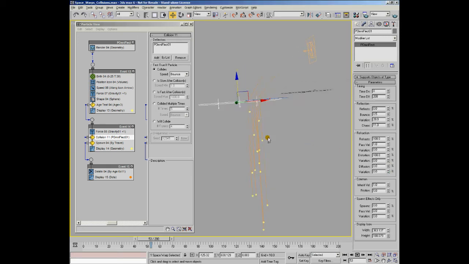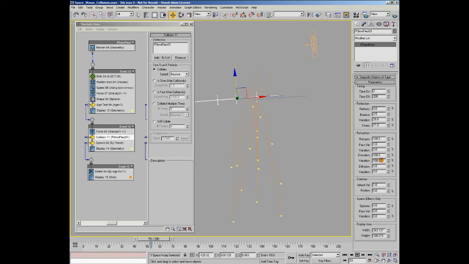So we'll get rid of some of the diffusion for a second, and you can see we've got a distortion of 100. Now if I put the variation up to 100, you can see it's causing the particles to go back in the opposite direction. That means this is a multiplier, so it's not only distorting to the point where the particles are traveling off perpendicular with the surface, it's pushing them 100% beyond that, so that now they're going at the opposite angle to the angle that they came in at.